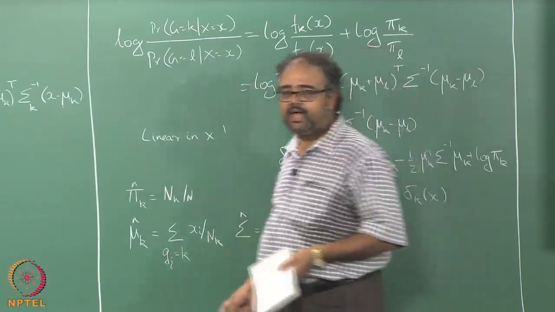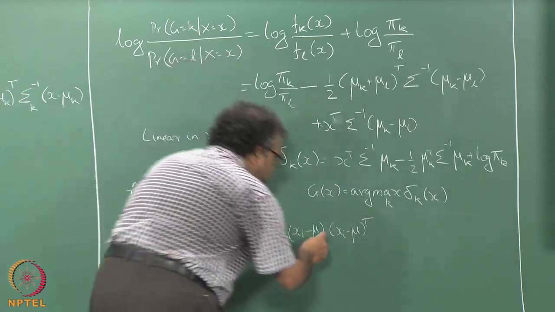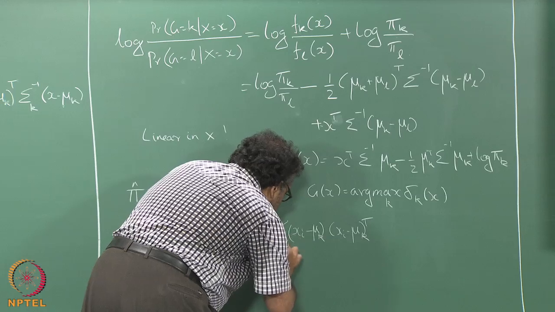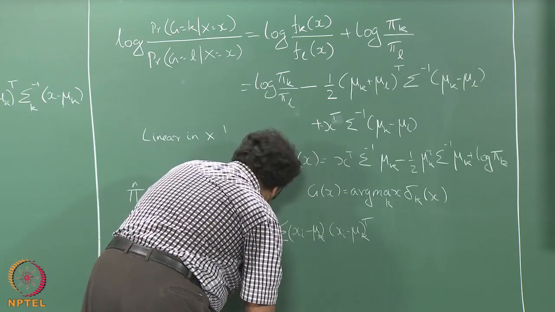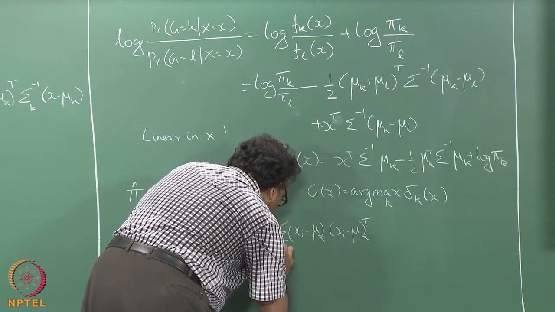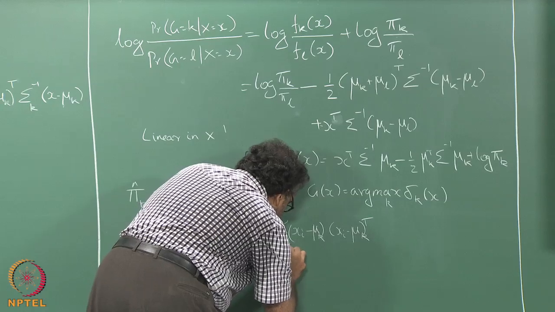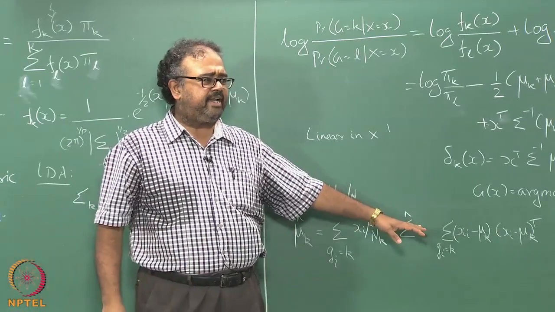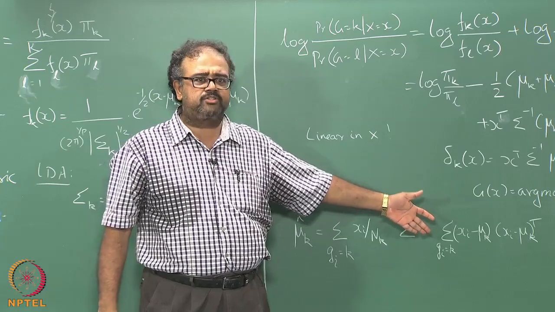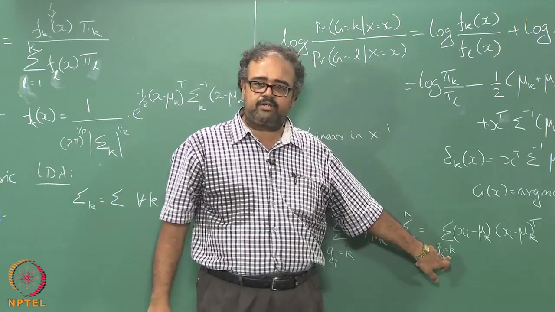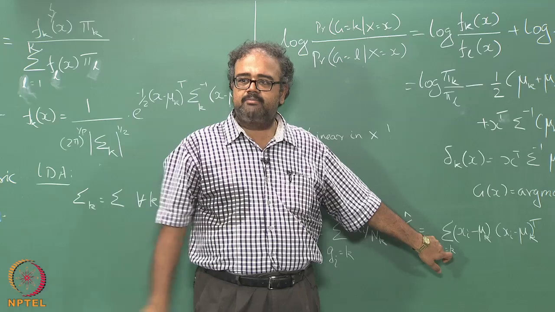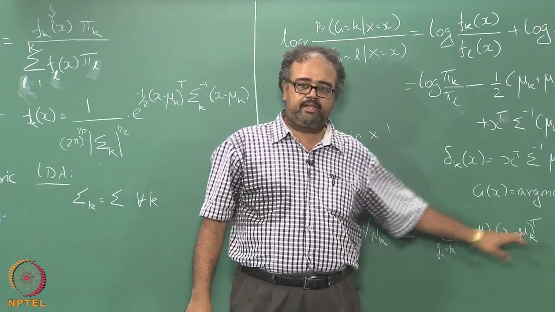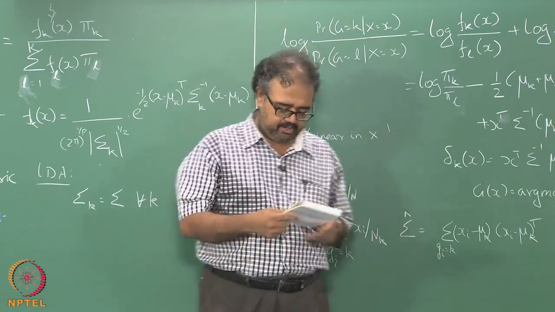So I should plug in the mean of the class of xi. Remember, all of this is from the training data, so I know what class xi actually belongs to. I take all the data points belonging to class k, and use mu k in computing this quantity.